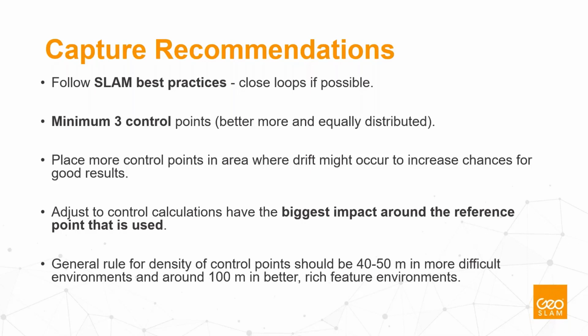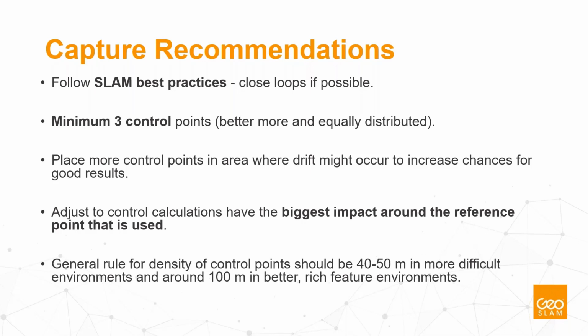So you might want to sometimes think about where to place control points and perhaps place them more in the area that you want to control more rigorously. There is some general rule for density, but I wouldn't keep that in mind and use it at all times. It does depend on the environment and how many features you have and what your path of walking and scanning is.